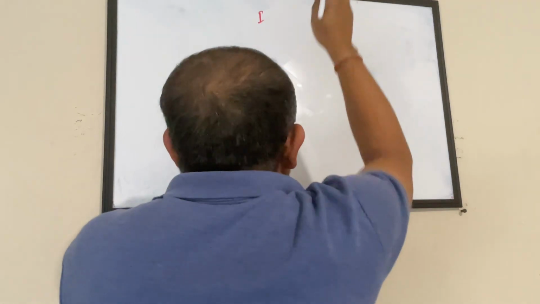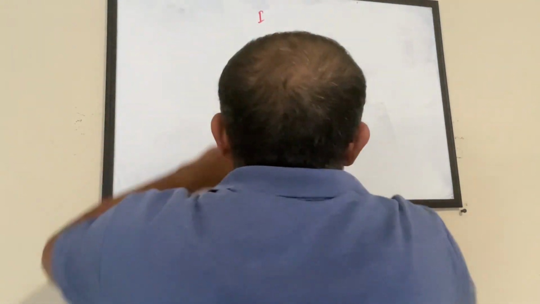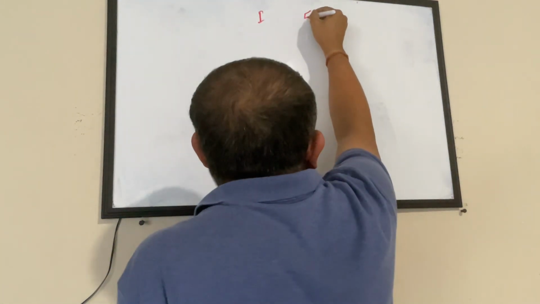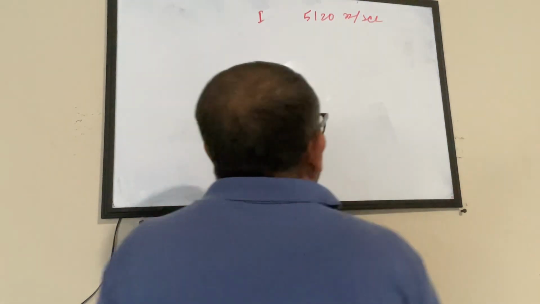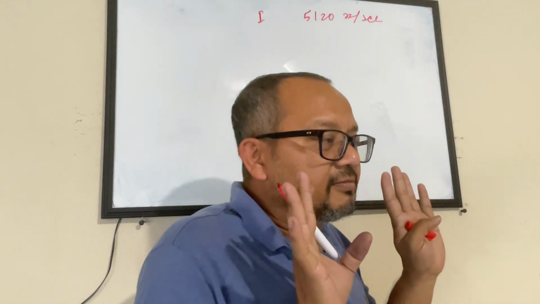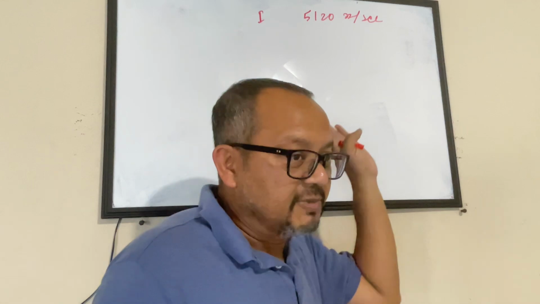I'm starting from scratch. The sound travels through iron at a speed of 5120 meter per second. Find out the speed in kilometer per hour. Okay. Don't laugh at me if I solve it like a child. And I believe in doing that.